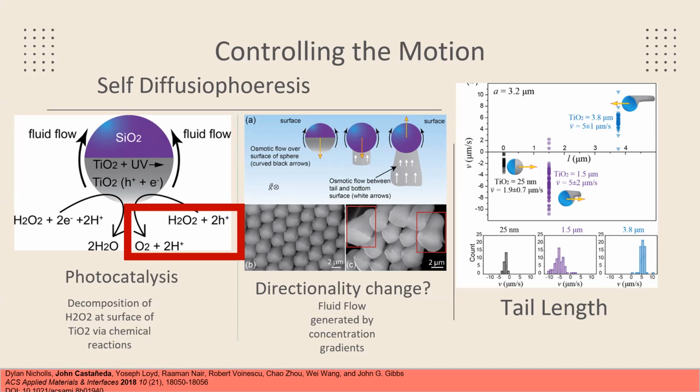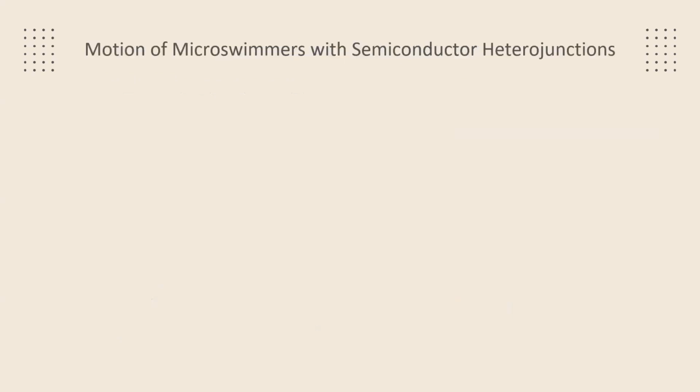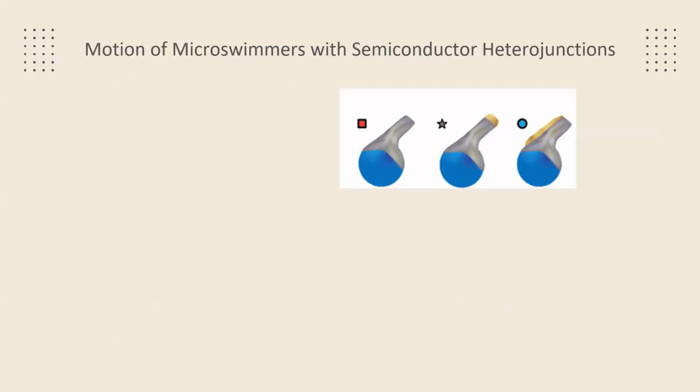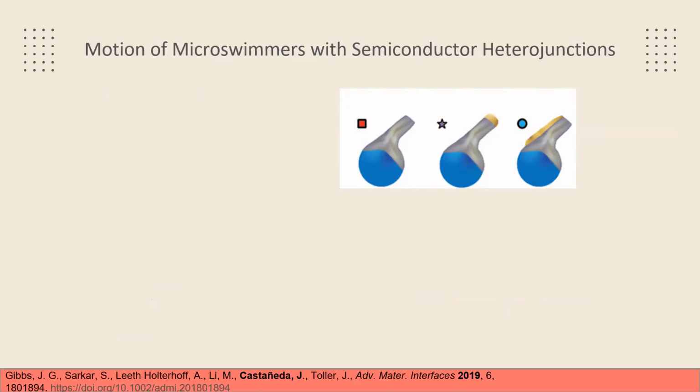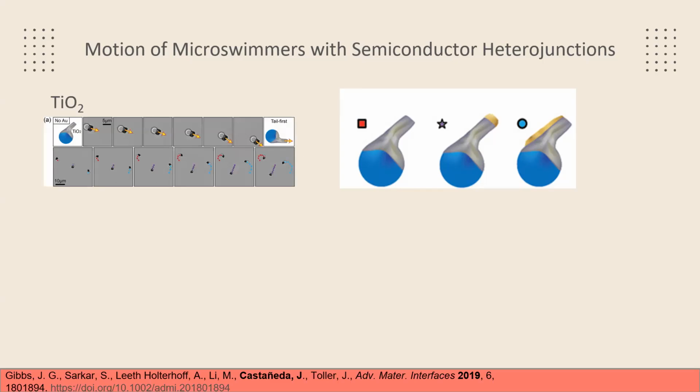So if this is with only titanium, what is adding some different metals to it? That was my next step of looking at these guys: what happens when I add gold to just the tip of these tails and also the side of these tails. You'll see why we chose to do the sides as well. So here are some brief frame by frame pics of these titanium dioxide microswimmers.